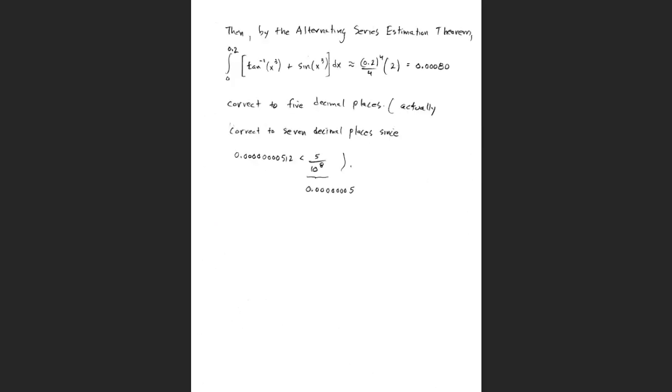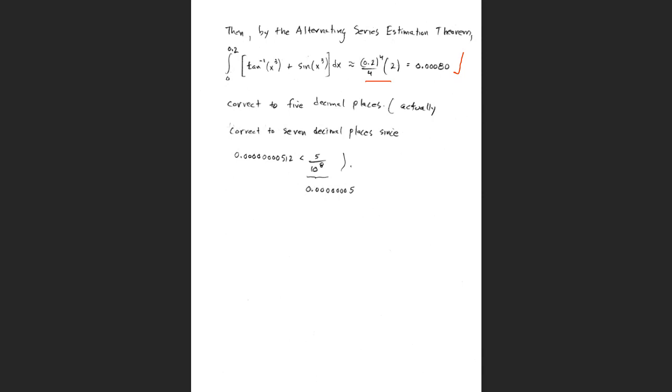We can say then, by the alternating series estimation theorem, that our definite integral is approximately equal to the first term of the series, which is 0.2 to the fourth power over 4 times 2, which is 0.00080. We only needed, in this case, one term of the series to get that level of accuracy.